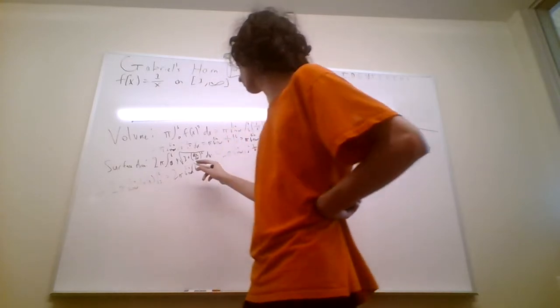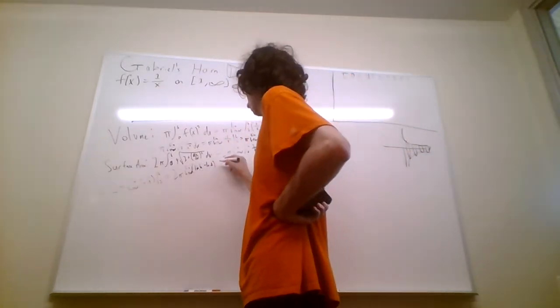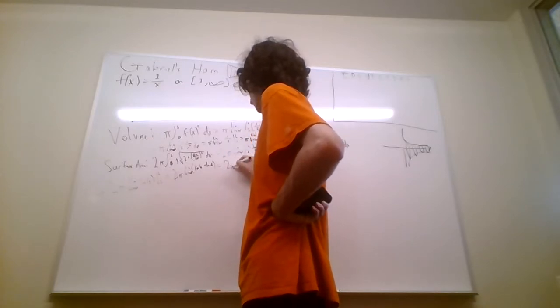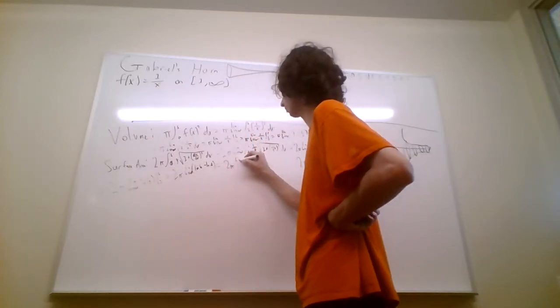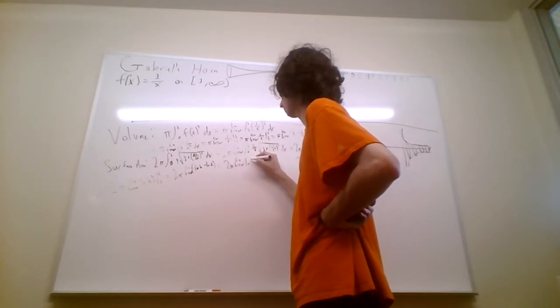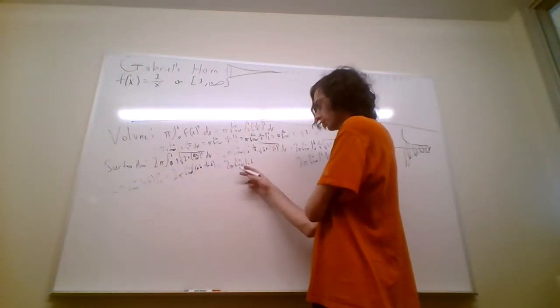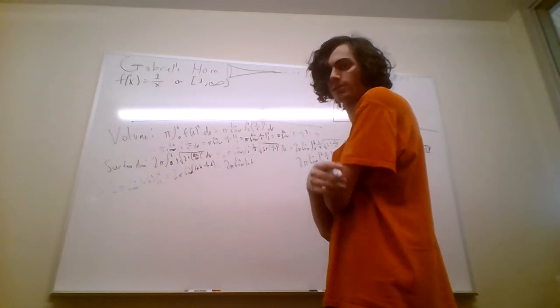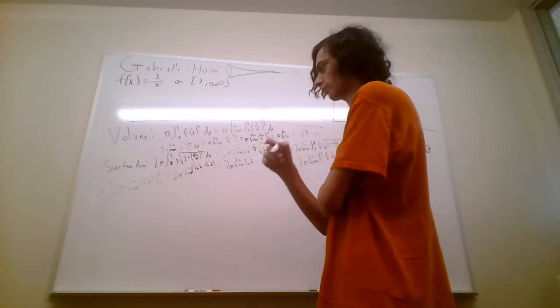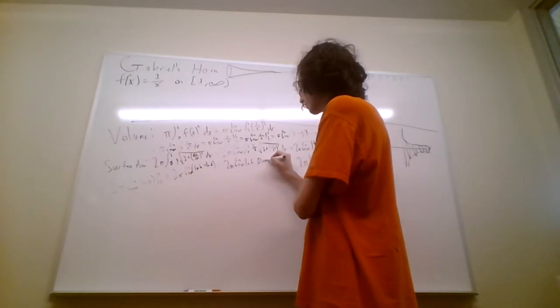Put some parentheses in there. Natural log of 1 is 0. So equal to 2 pi times the limit as b approaches infinity of natural log of b. As b approaches infinity, natural log of b goes to infinity, so that integral diverges.